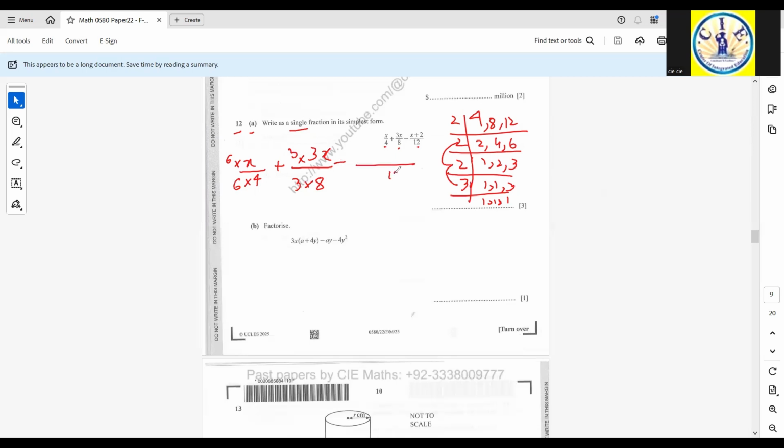For the third fraction, I need to multiply it with 2. Now the denominators are 24, and in the numerator, I'm going to write down 6x plus 9x minus 2x. Four x plus 9x, that is 13x, minus 4, divided by 24.